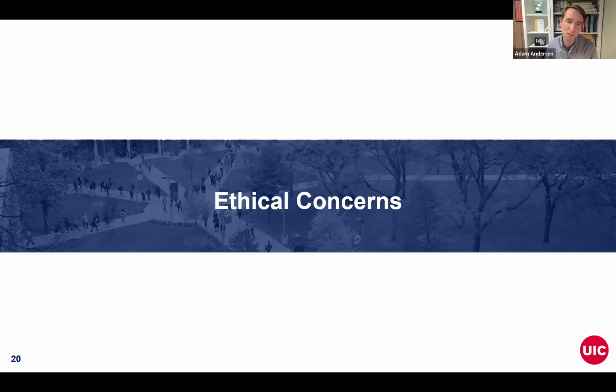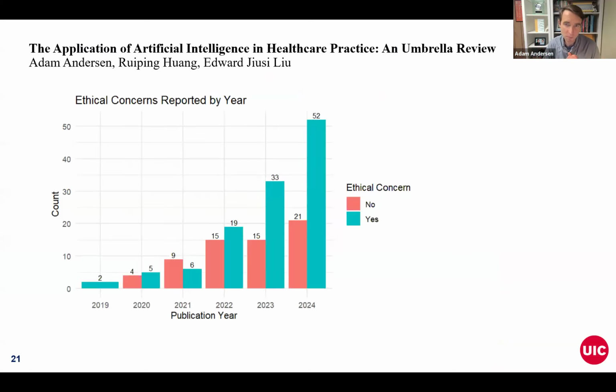So there are already ethical issues in healthcare without AI. Now we bring in AI, and there are potentially even more concerns, and these have to be considered before you just deploy AI across healthcare. This came from the paper we did, the umbrella review. In addition to tracking data types and applications, we also tracked the authors' reports of ethical concerns.